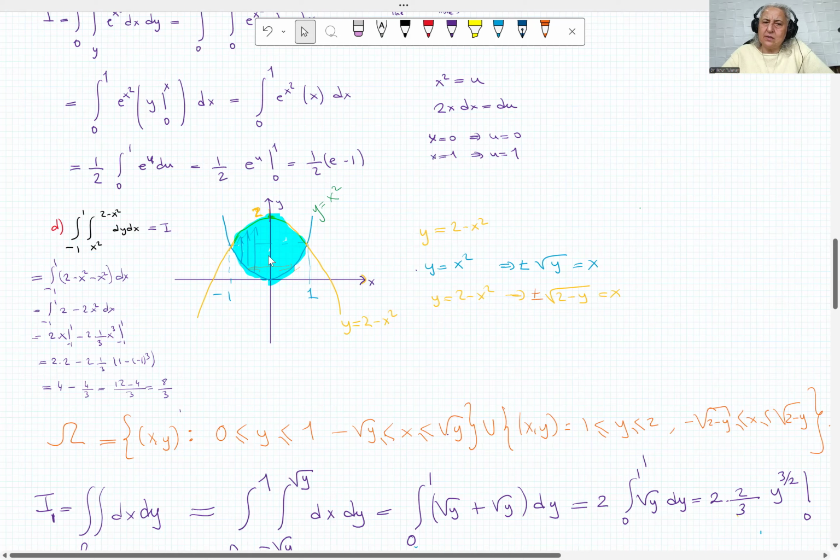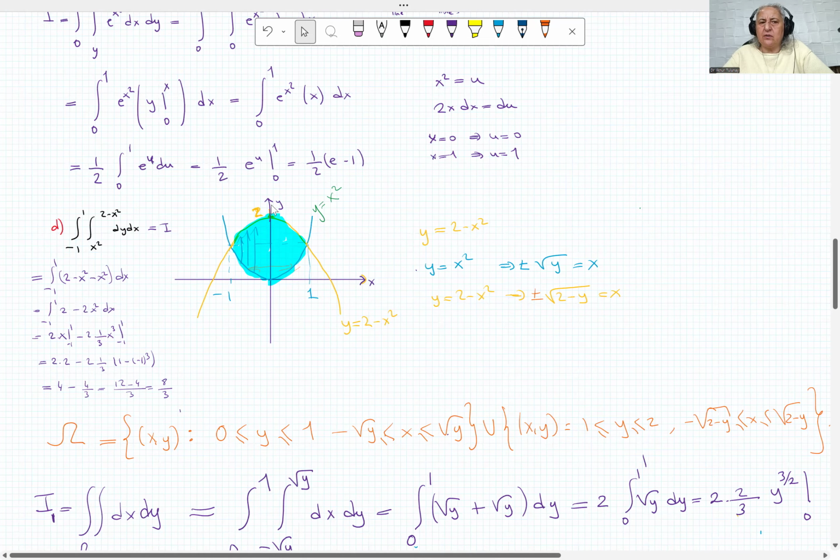But when you look at this one, you have this curve and this curve, and you look at it from this side, you have this one and this one for this region, and the union of this lower bound and upper bound. So this is what it says. This gamma, the region, is the union of the x and y pairs satisfying this condition and the x, y pairs satisfying this condition.